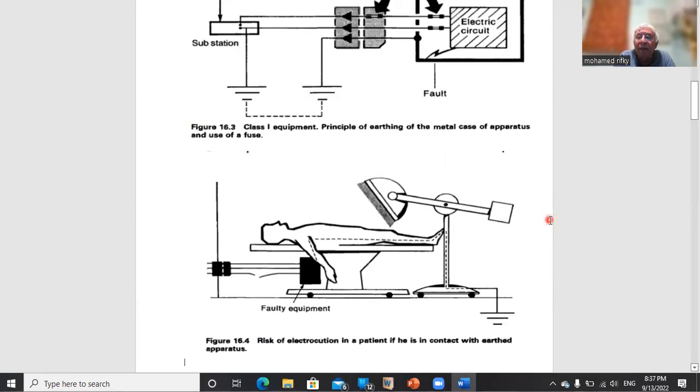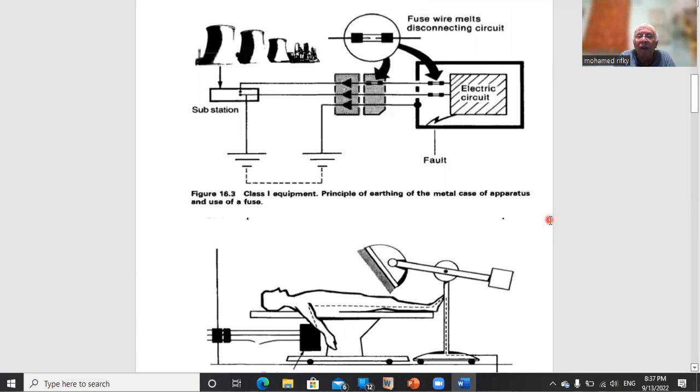This is class 1 equipment to protect against electrocution, where this is the insulator and this is the electrical circuit in the middle. Whenever a fault occurs and the electrical circuit reaches the case, as you can see, we call it a short circuit.